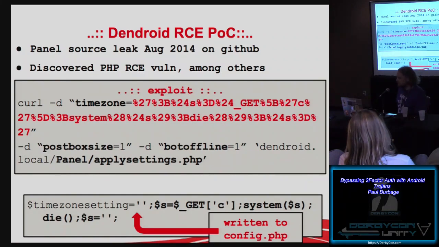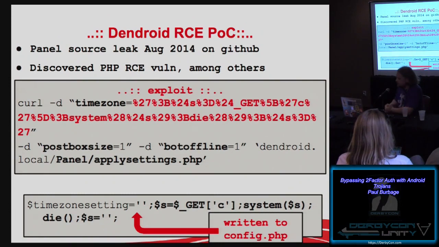So by sending a specially crafted POST request to applysettings.php, that is then written to the config.php file. So with subsequent requests to config.php, you have remote code execution.